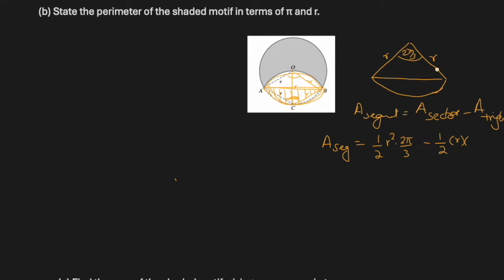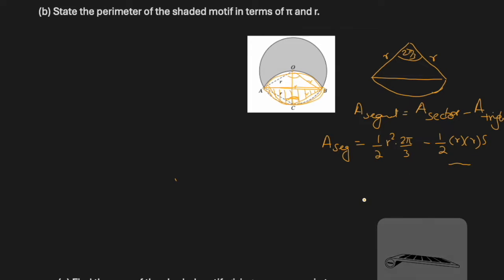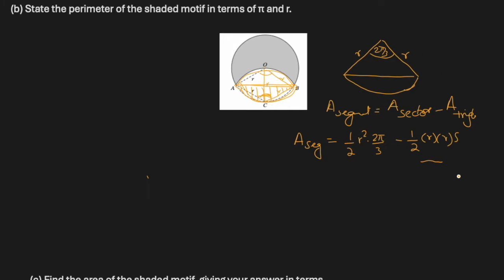Second side of the triangle, which is r, and sine of the angle between them, which is 2 pi by 3. This is the formula for the area of a triangle. If you want to know how we got this formula, or how to use this formula rather, I will give a link in the description where I have solved many circular measure questions, and you can get the idea about this.